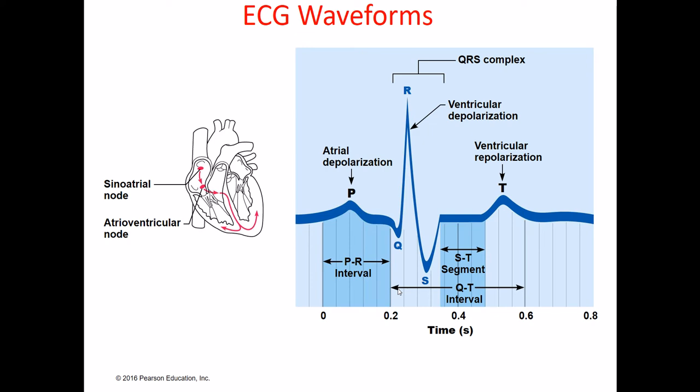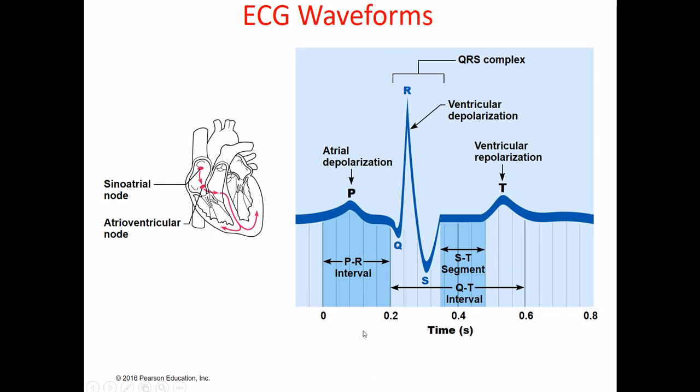All you really see are the big ventricles depolarizing, but the atrial repolarization would occur under this QRS complex. And then our last wave is ventricular repolarization, the ventricles repolarizing, and that's known as the T wave.